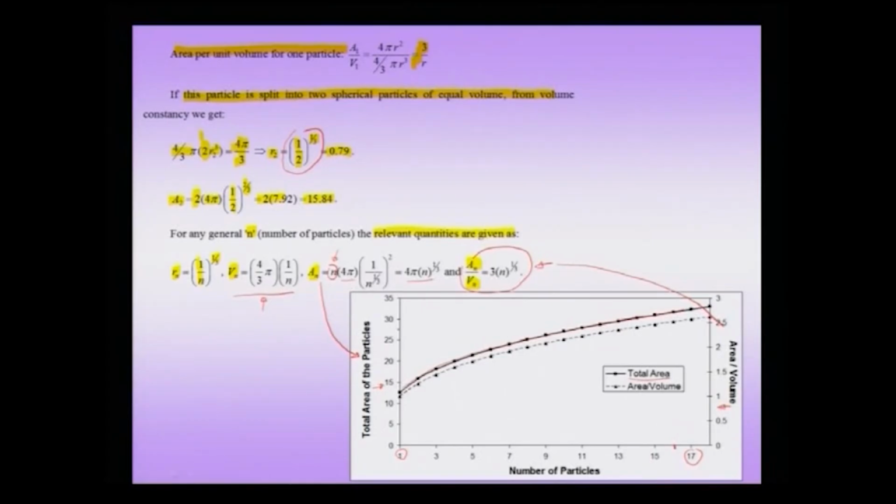So, you can see that this number is close to double, and even when we have divided the original part 16 times, the total area has gone more than double. If you look at the area per unit volume, this is now my secondary axis. So, you see that the initial starting value is 1, because that is my starting area per unit volume, and then it has gone to a value of 3. So, there is a 3 times increase, approximately 3.